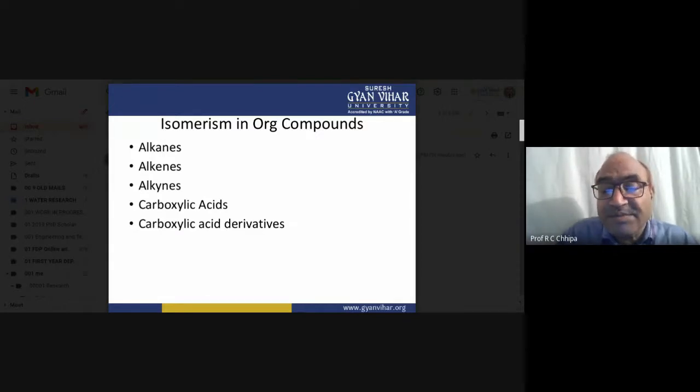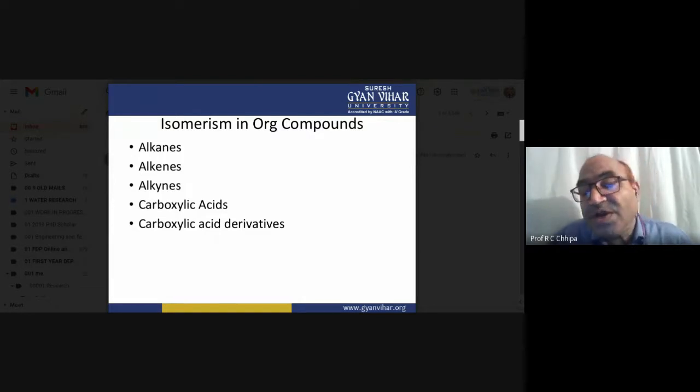Why functional? Because we have to see the functional group, which is specific, in this case the carbon double bond. Alkenes are isomers with the cycloalkanes.